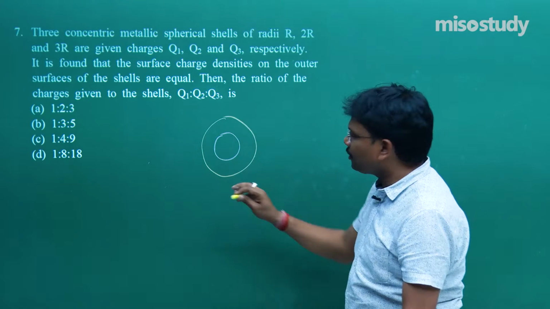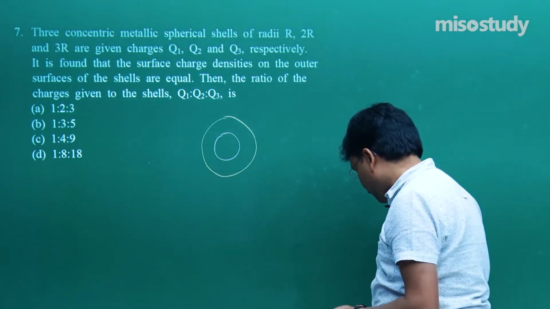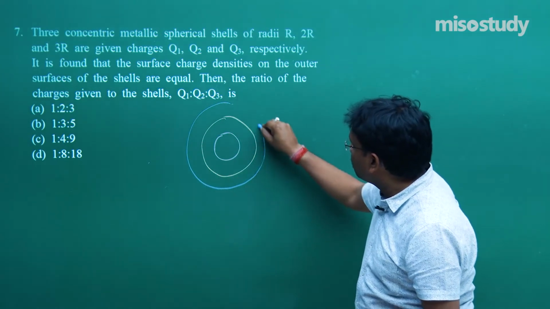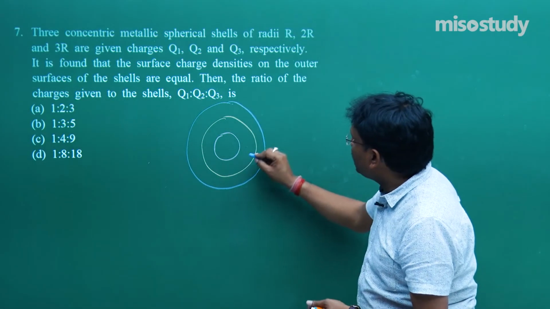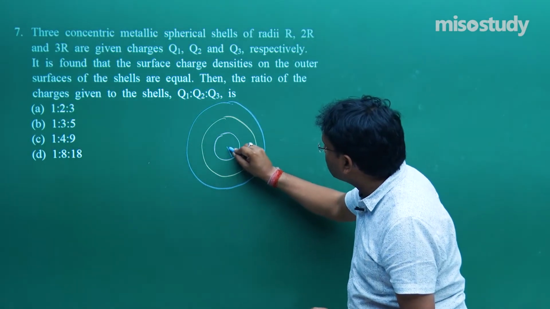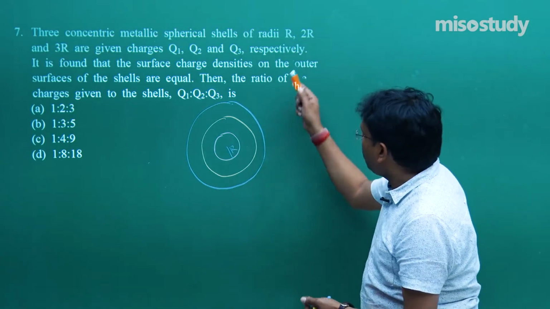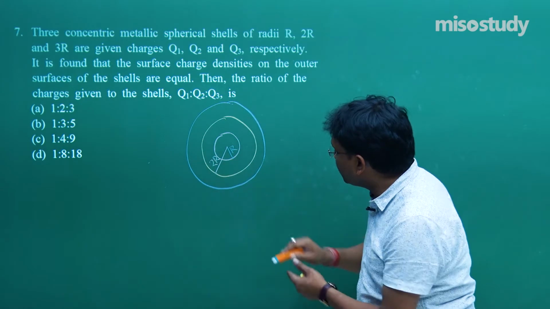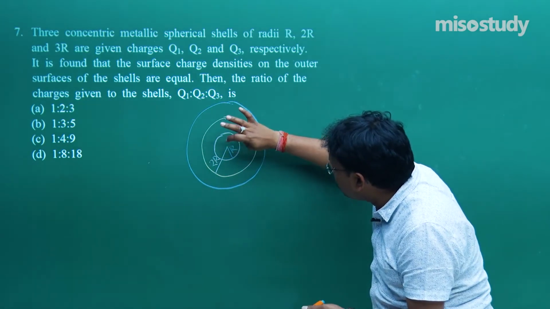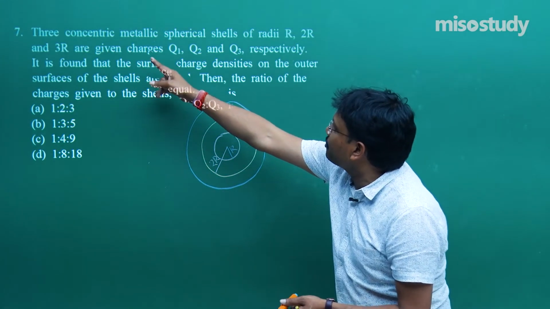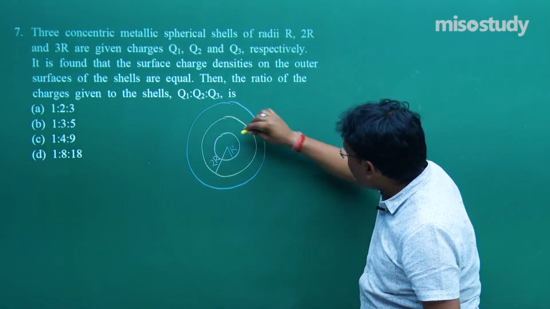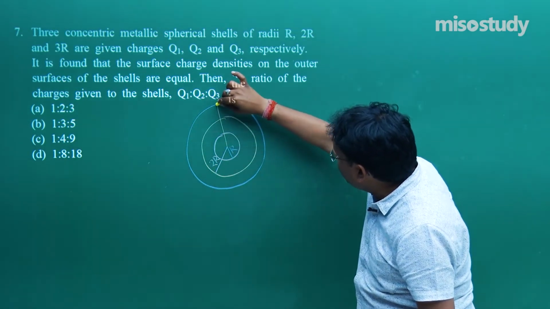1, 2, and this is something that you are drawing on rough, and this is 3, fine. So white, let's say R, fine. Yellow, let's say 2R, and don't make the mistake, the center point is common, it is given concentric, so the center is going to be common, and finally it's going to be 3R.